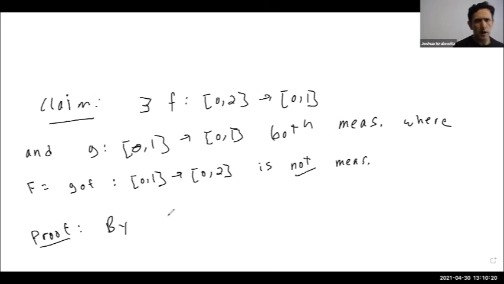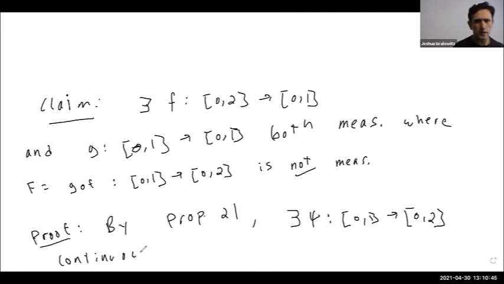Okay, so by proposition 21 in the book, there exists a function from 0 to 1 that's continuous, strictly increasing and onto, and thus it's a bijection.